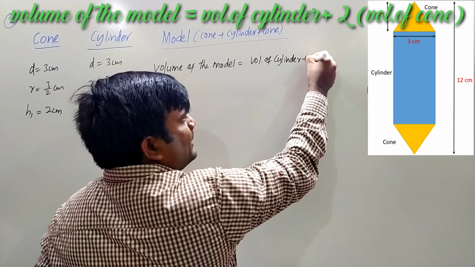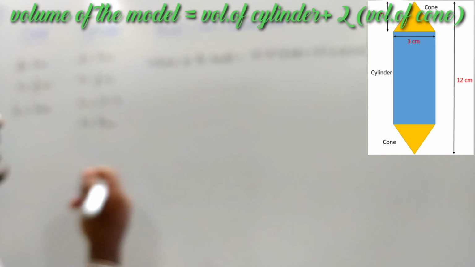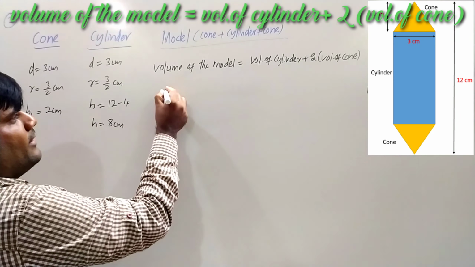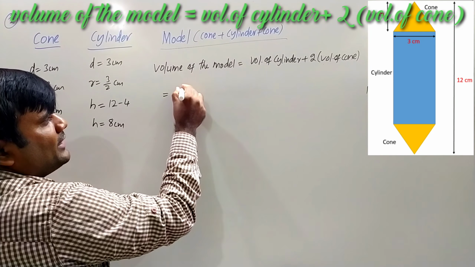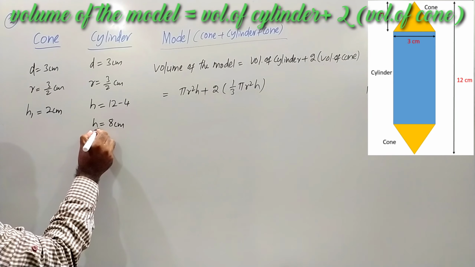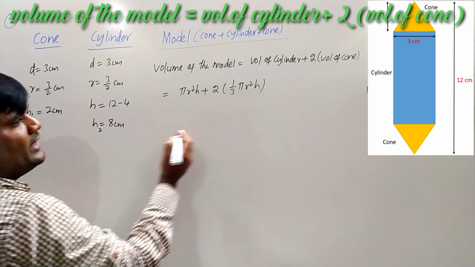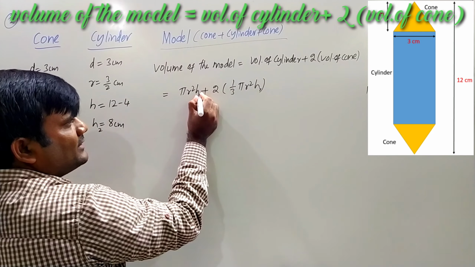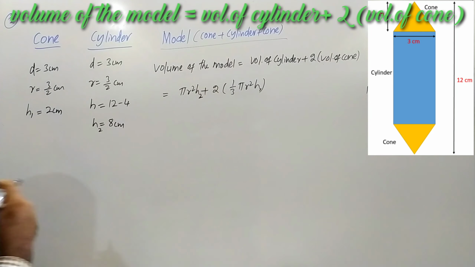Both cones have the same volume, so I am taking 2 into the volume of cone. The volume of the cylinder formula is pi r square h, plus 2 into the volume of cone formula, 1 by 3 pi r square h. Here the heights are different. The cone is h1, and the cylindrical portion I am taking as h2.